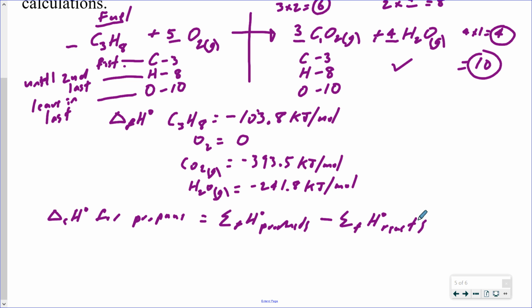Okay, again, products minus reactants. Products minus reactants, not the other way around.